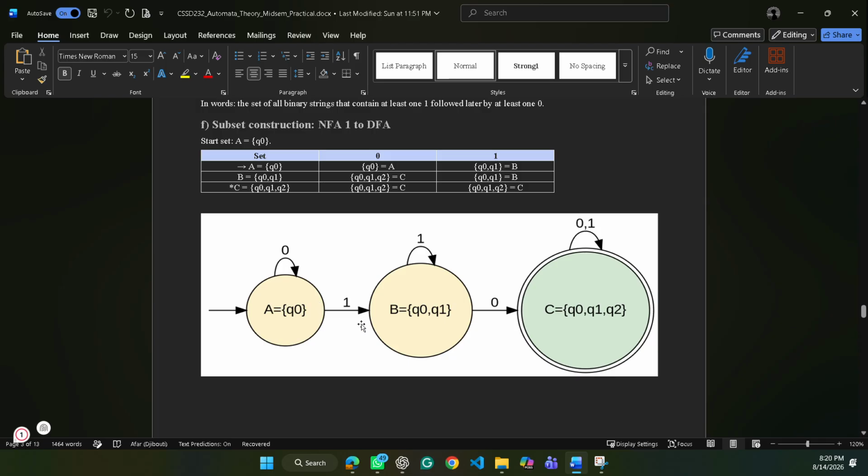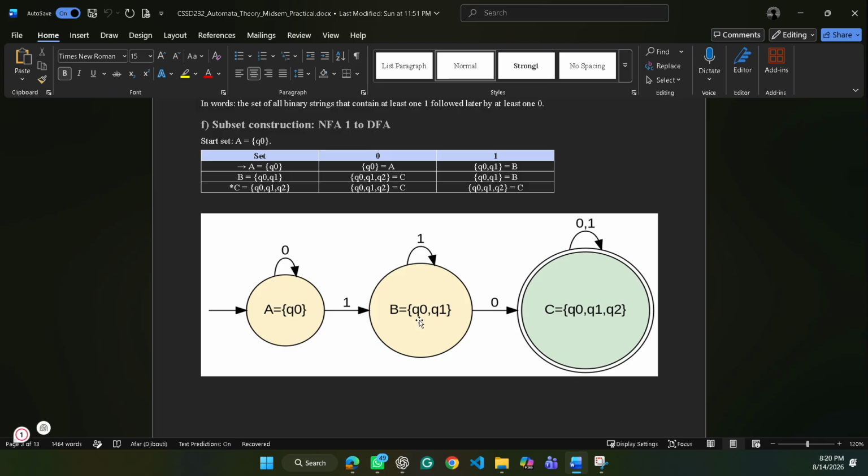For A, if we receive an input of 0, it goes back to Q0. Since A equals Q0, you maintain your position. For an input of 1, A goes to Q0, Q1.